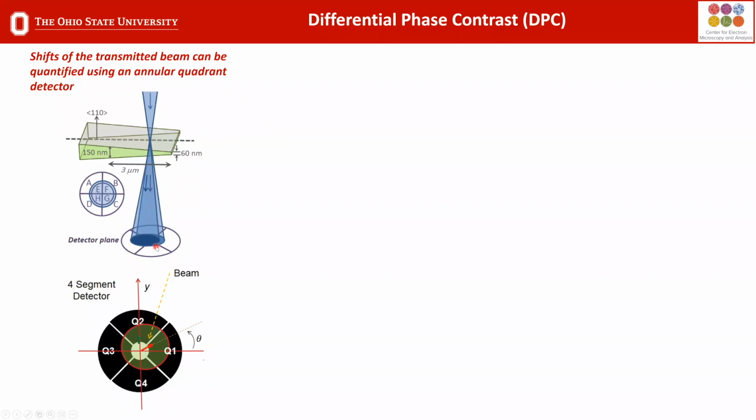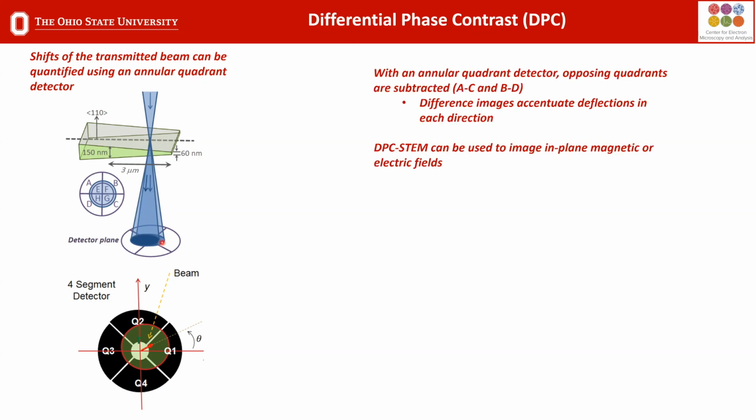And if we can accurately collect this momentum transfer, which would be the shifting of the intensity in the disk, we have the ability now to measure and track the center of mass changes within this diffracted disk. That is the key now to performing what we call differential phase contrast imaging. And so differential phase contrast imaging is going to be when we subtract opposing quadrants.